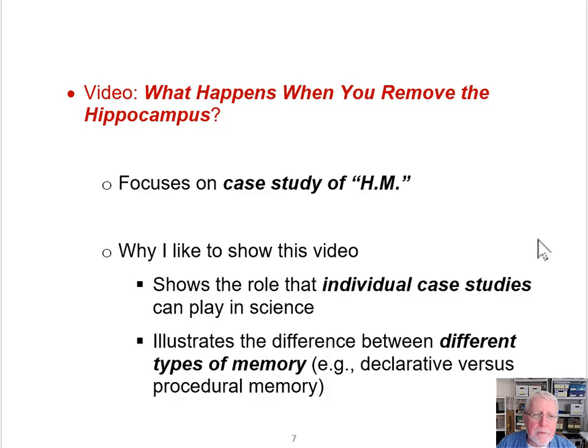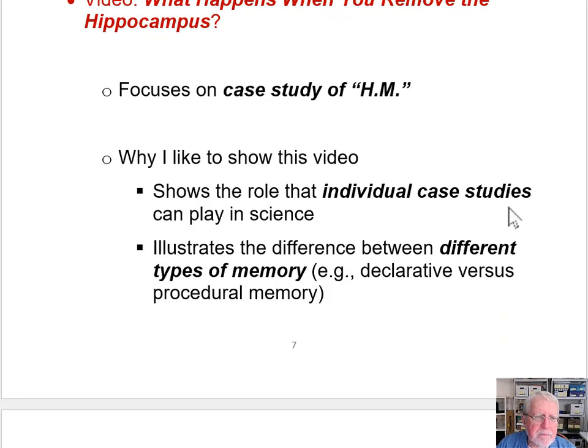I like to show this video because it shows the role that individual case studies can play in science. I like to show it because it illustrates the difference between different types of memory. The fact that we are capable of declarative memory, and the video talks about what that is. We're also capable of a different kind of memory, procedural memory, and the video talks about that.